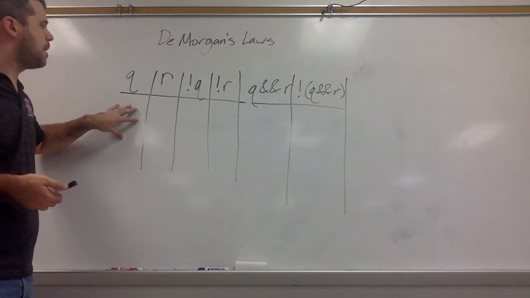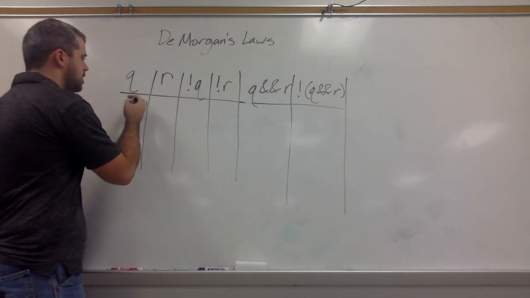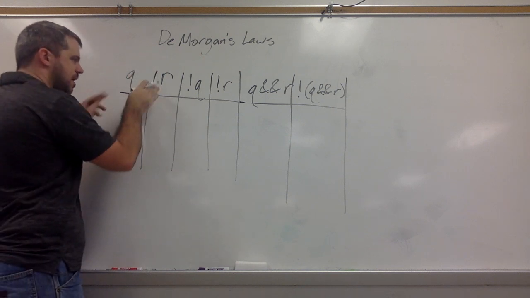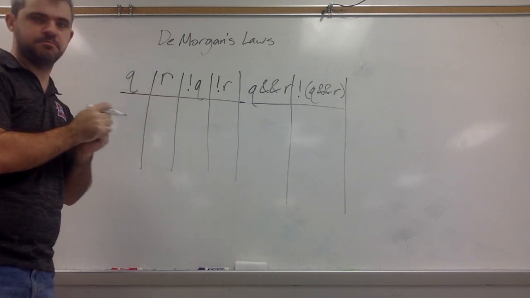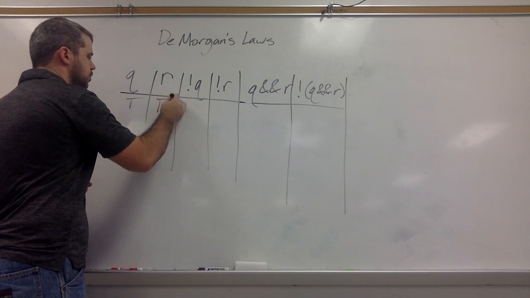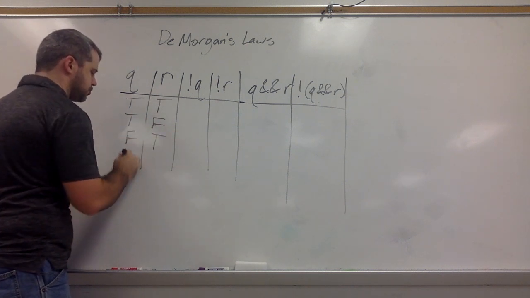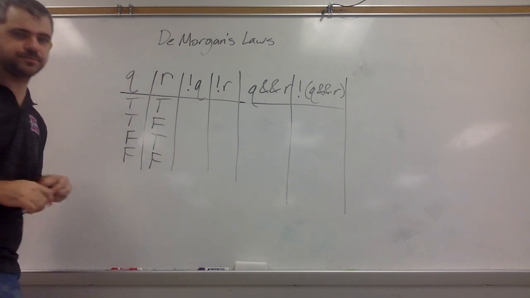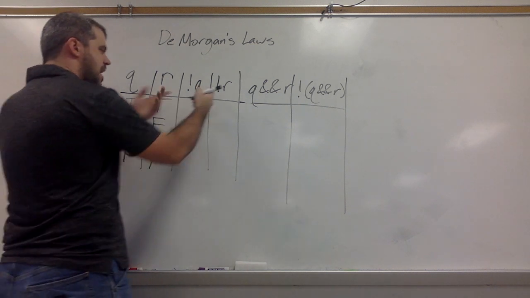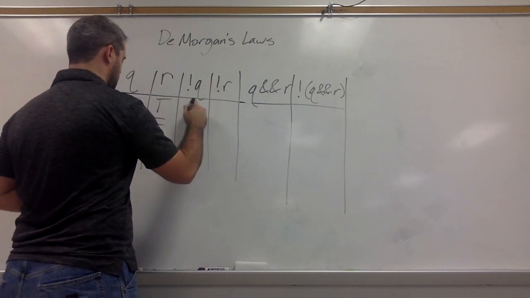So real quick, we know that we have 4 different possibilities for our 2 events. They could be true and true, true and false, false and true, or false and false. And we can negate those real quick.